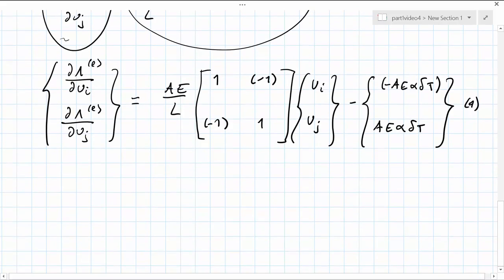Looking at this now, we can make the following definitions. The square matrix multiplied by AE over L is what we will refer to as our element stiffness matrix.